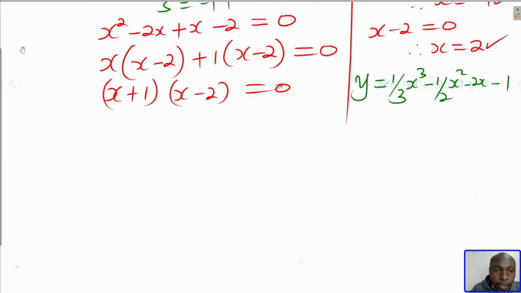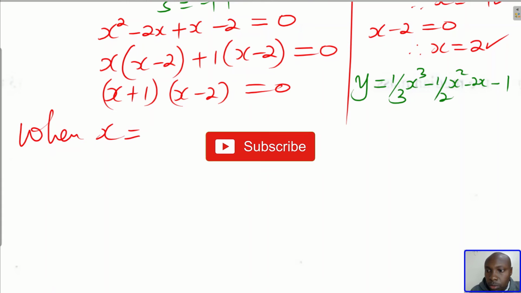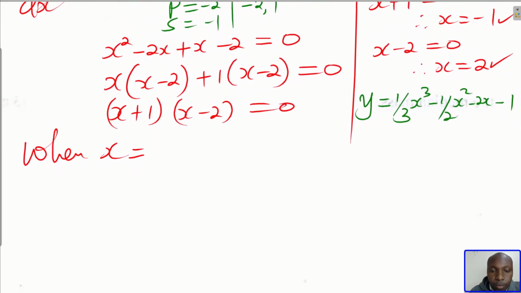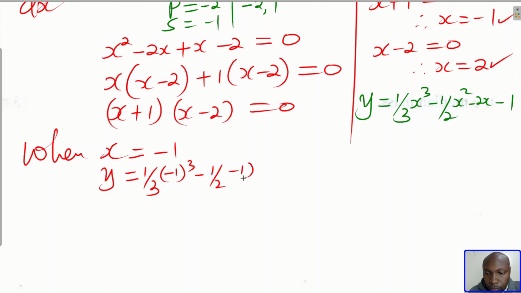So when x is equal to negative 1, y will be given by, we just substitute here. Just use a calculator to do this.